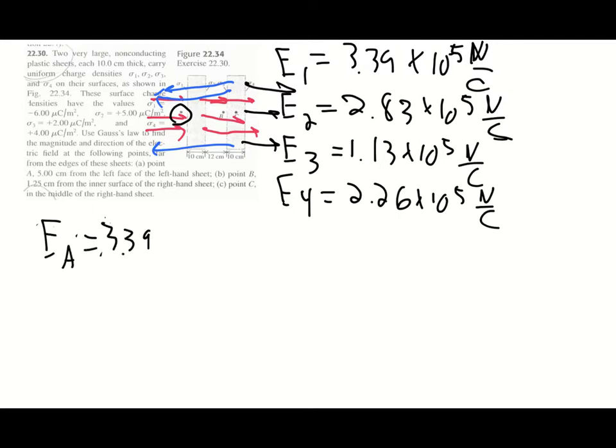A: 3.39. Remember that one's going to be to the right. E2, remember it's going to come out of this one, so it's going to go the opposite direction, to the left. So it's going to be minus 2.83.